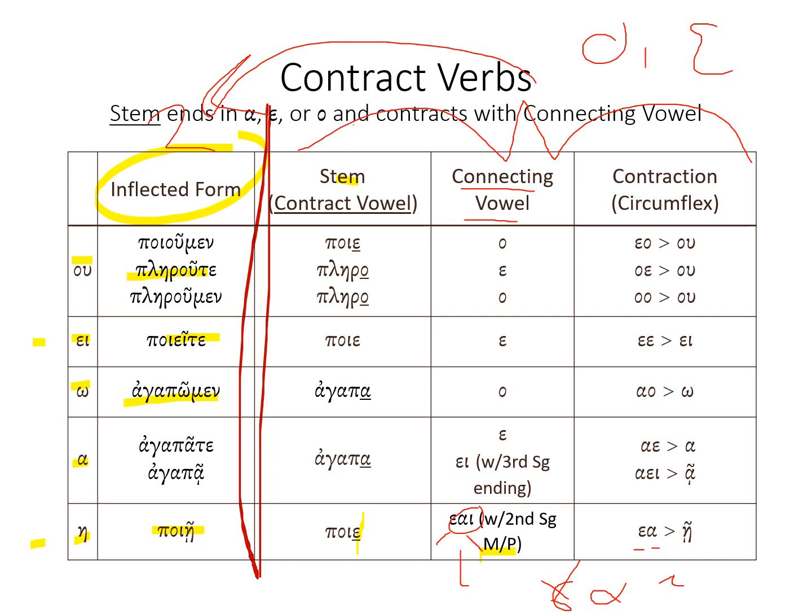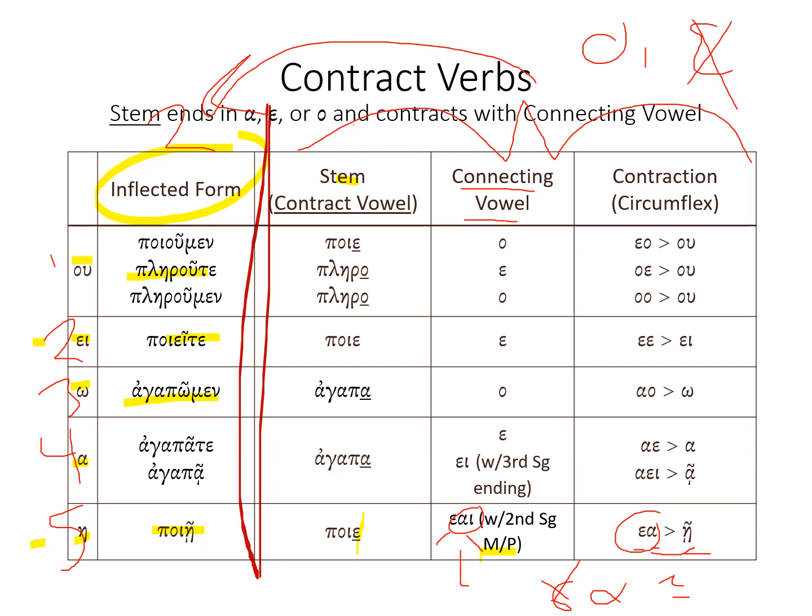The iota here is at the end, and we have this epsilon alpha combination, and as we have seen, epsilon is weak. This alpha influences that epsilon to become eta, and that's what we have here, and the iota subscripts right there.